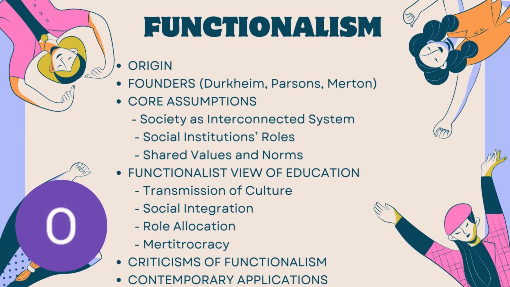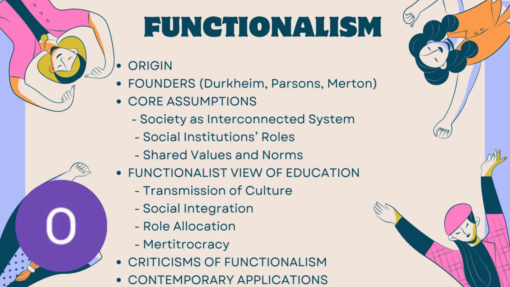Each part of the system serves a specific function in maintaining the overall equilibrium, and changes in one part of the system have ripple effects through the entire system. Social institutions, family, education, religion, economy, government, are analyzed in terms of their contributions to the maintenance of social order and stability.